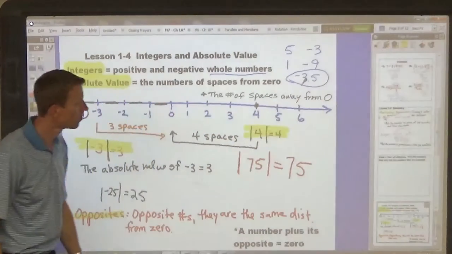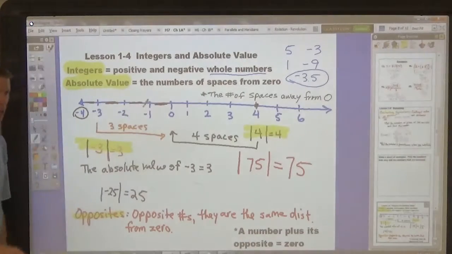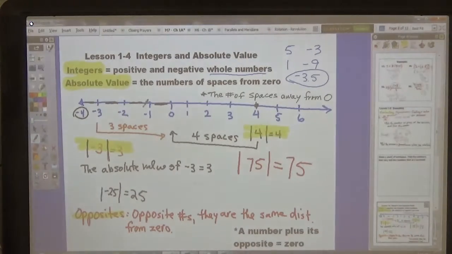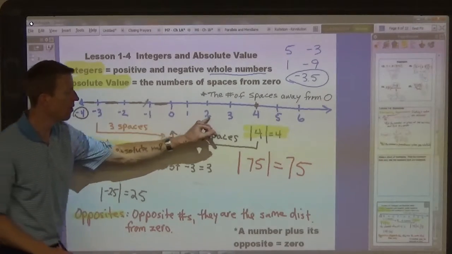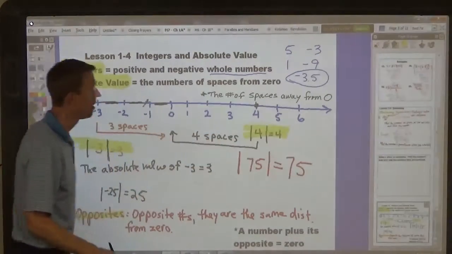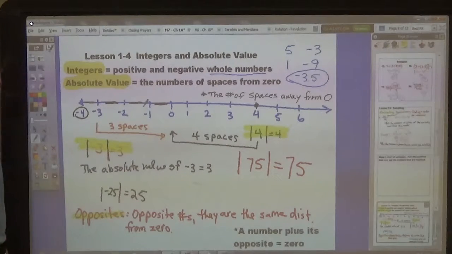Okay? Anything in between the whole numbers is not an integer. Integers are only the whole numbers, 1, 2, 3, 4, 5, 6, and so on, and we call these the opposites of whole numbers. They're also integers.